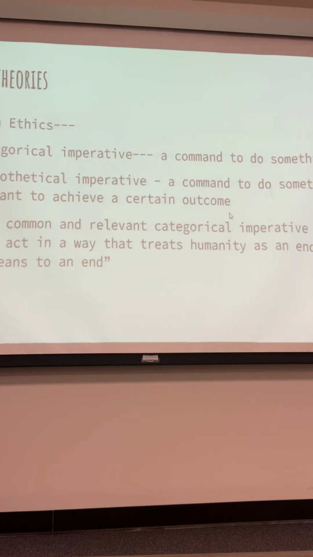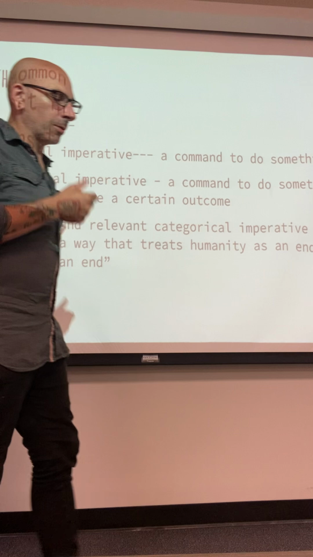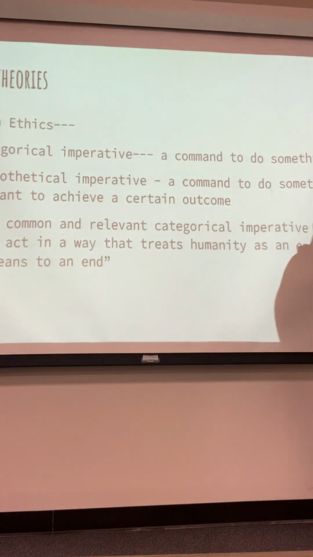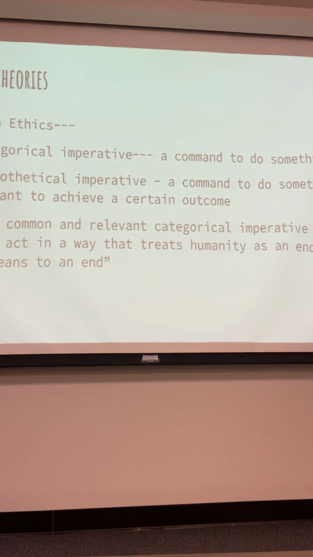Kantian ethics, categorical imperative. It's a command to do something. Kant was really big on developing these things called categorical imperatives. These are rules that you make to suggest that this is the thing you should do, a command to do something. A hypothetical imperative is a command to do something if we want to achieve a certain outcome.